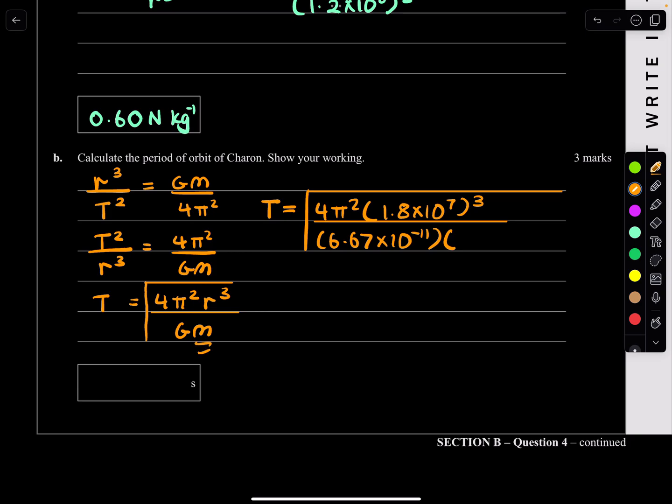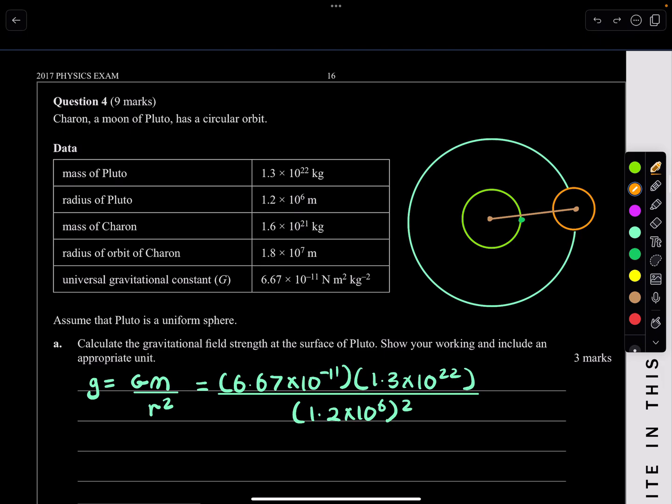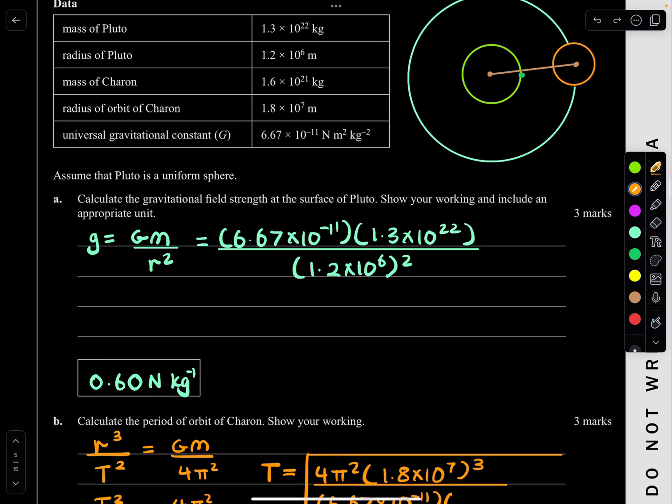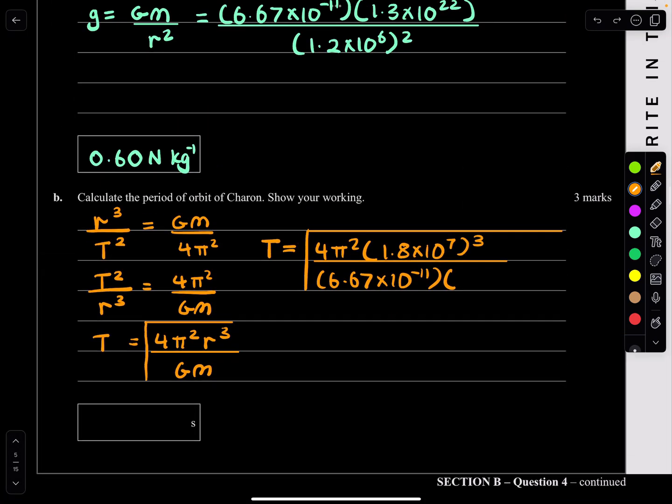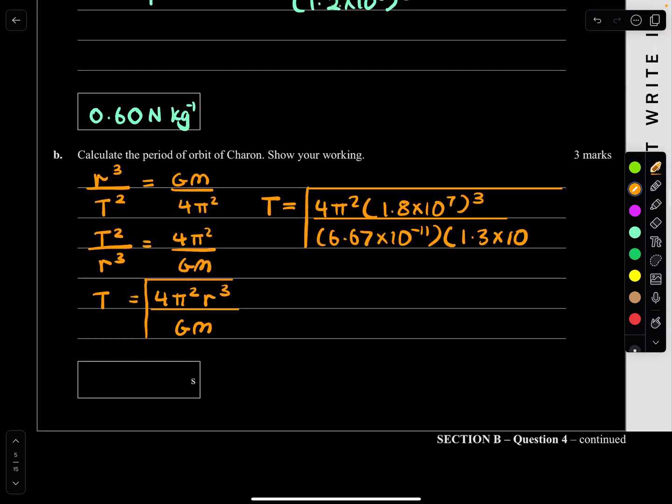And this is the central mass, what is being orbited, which is Pluto. Always, the big M means the central mass, which in this case is Pluto, which is 1.3 times 10 to the power of 22.